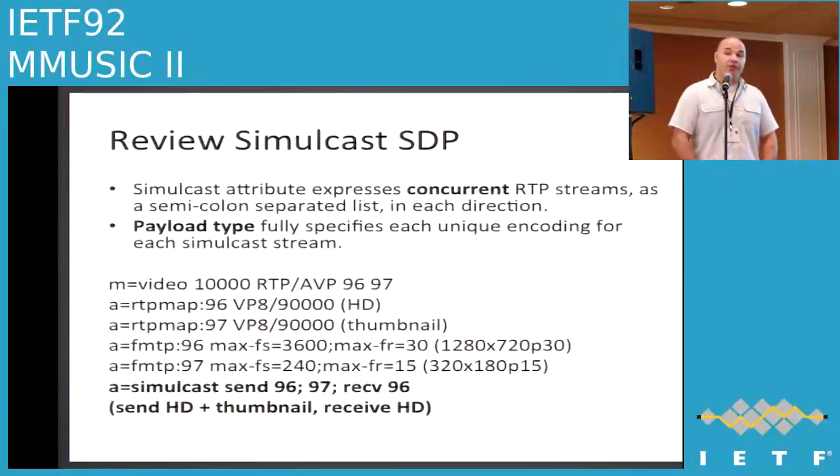Is that covered in the draft? It's not covered in the draft, but it's covered by the fact that you have to have an SDP which is backwards compatible with what your operating point would be without simulcast. Right. So this is for brevity. If you look at the backup slides, there's a longer full offer that would show what payload types you would offer, and any of those could be selected for your non-simulcast mode of operation.